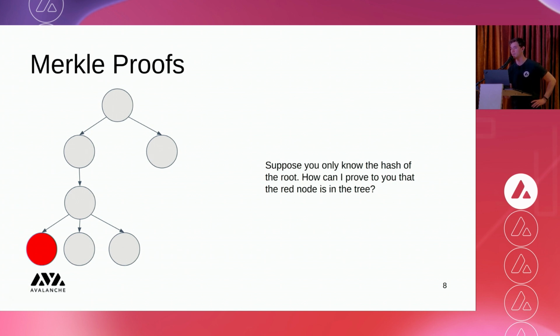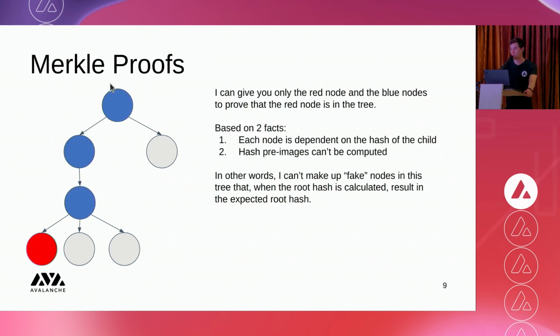It's just any node, right? I want to prove to you that this is in the tree given only that you know the root of it. So what we can do is I can actually just give you these blue nodes and the red node to prove that this red node is in the tree. I actually don't need any of the white nodes.